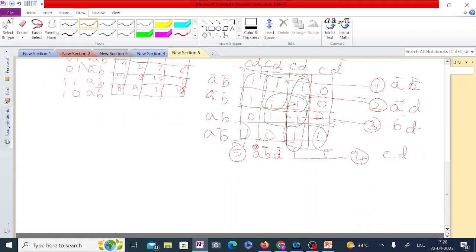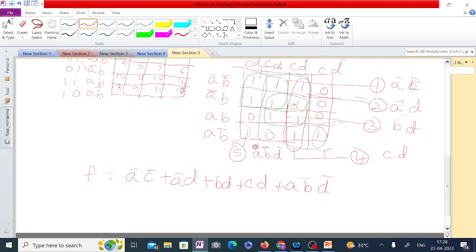So the final expression I'll write down here: F equal to A bar C bar plus A bar D plus BD plus CD plus A B bar D bar. Okay, this is the final expression, or we call them the essential prime implicants.